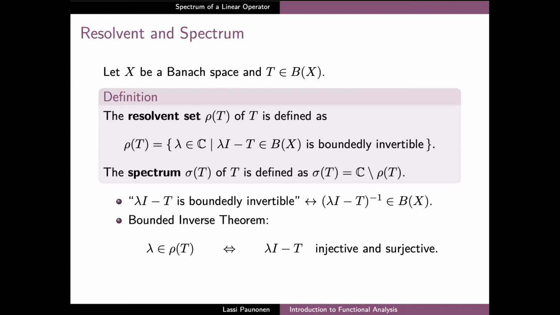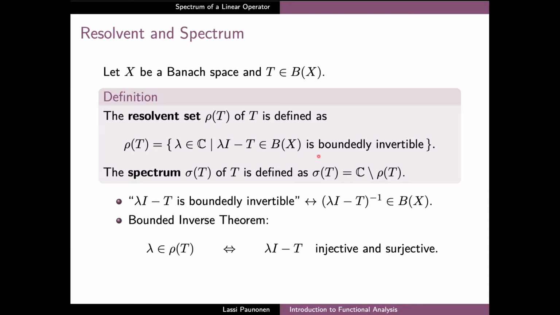The definitions of the resolvent set and the spectrum of the operator T both involve the bounded linear operator lambda I minus T, where I denotes the identity operator on the space X. The resolvent set of T is defined as the set of those complex values lambda for which this operator lambda I minus T has a bounded inverse.